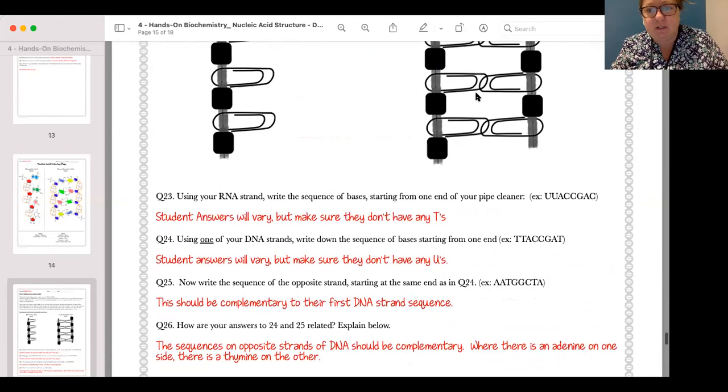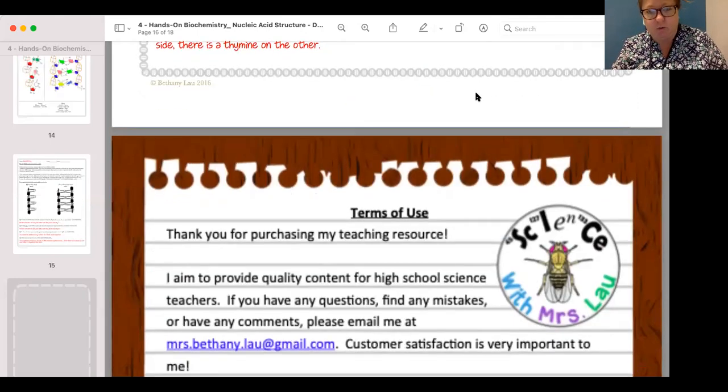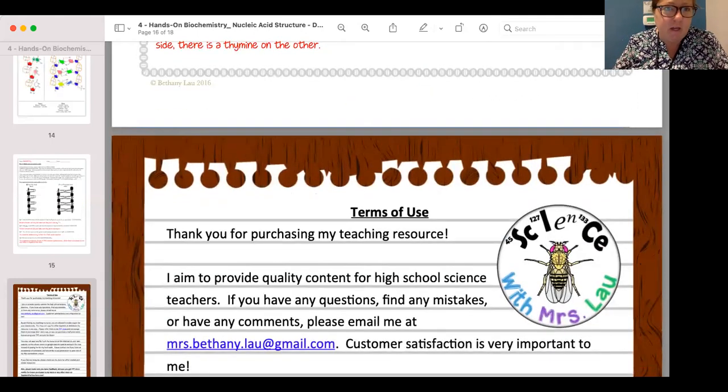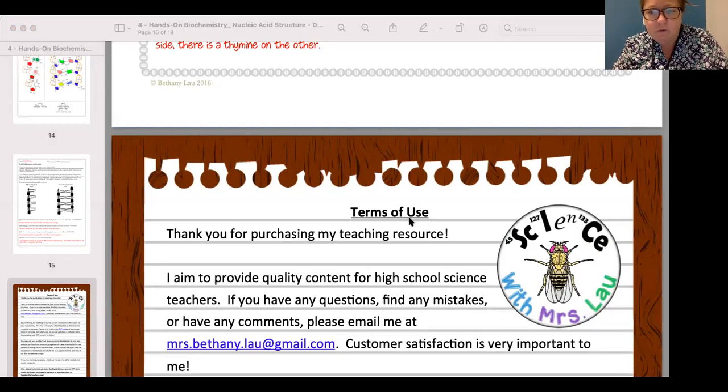Okay, so that brings us to the end of all of our macromolecules. I do have a slide here. Let me go over here and let me share that if I haven't already.